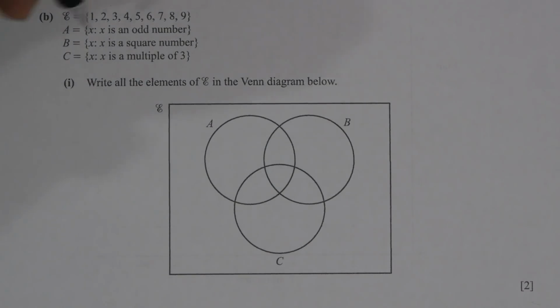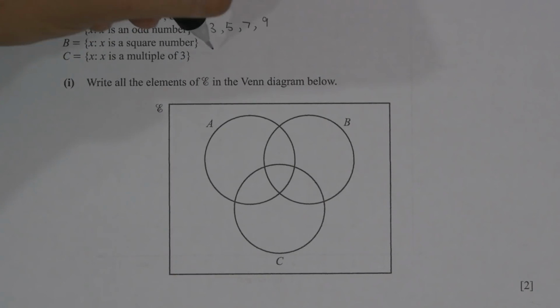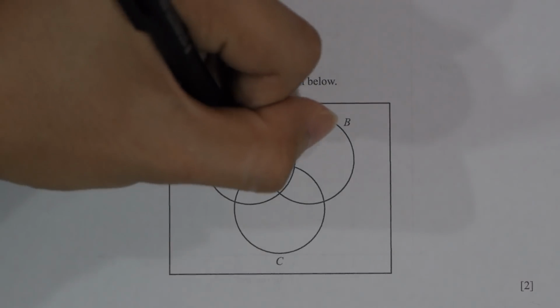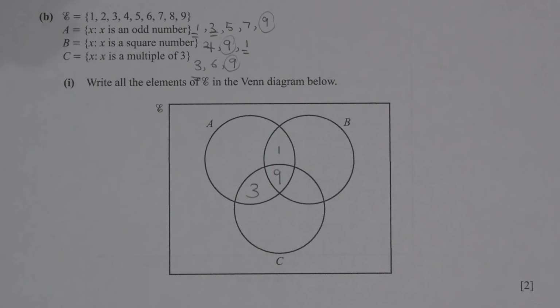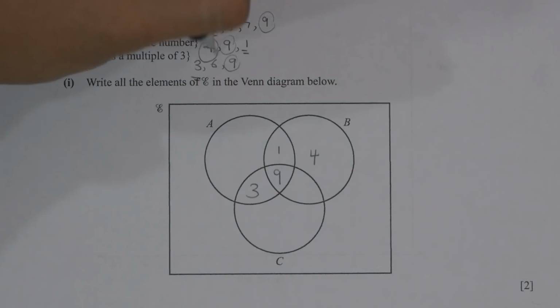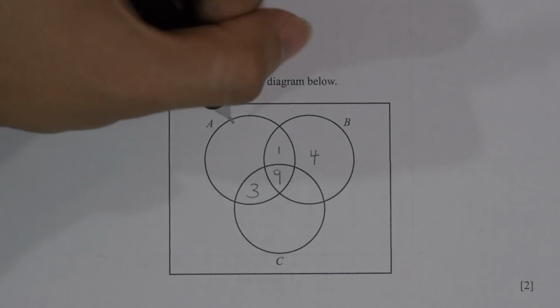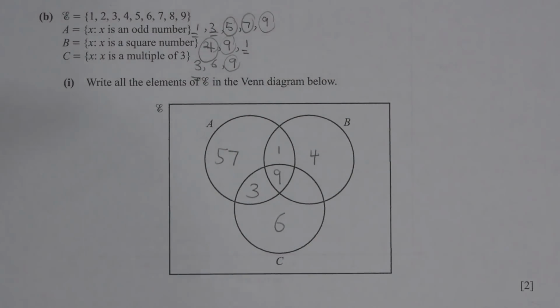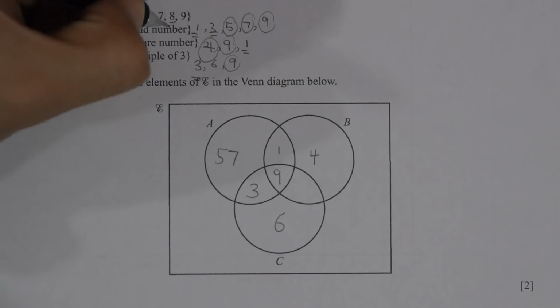So those that don't fall under ABC will be listed outside of it but within the rectangle drawn. So the numbers that were excluded from ABC will be 8 and 2.